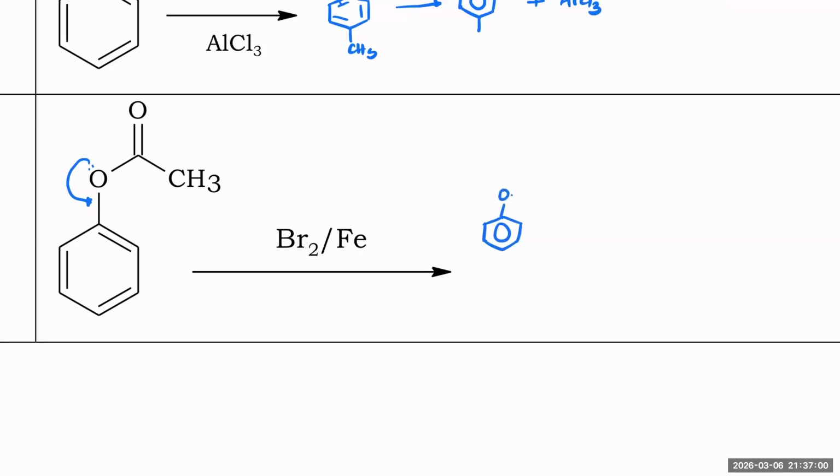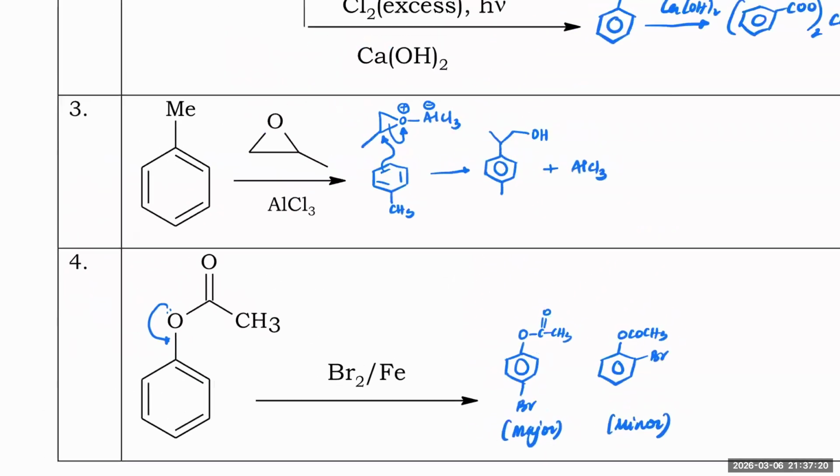So we will get this as OC double bond OCH3 with bromine at the para position, and OCOCH3 with bromine at the ortho position. At the para position, you will have the major product. At the ortho position, you will have the minor product. Please check.